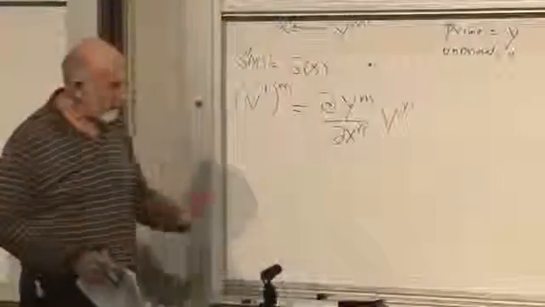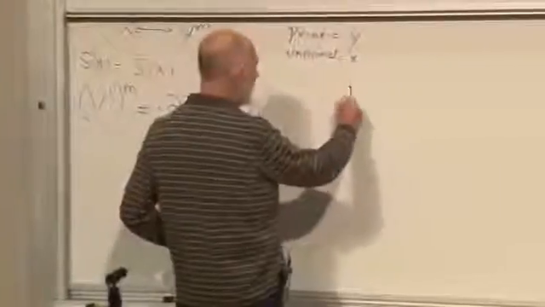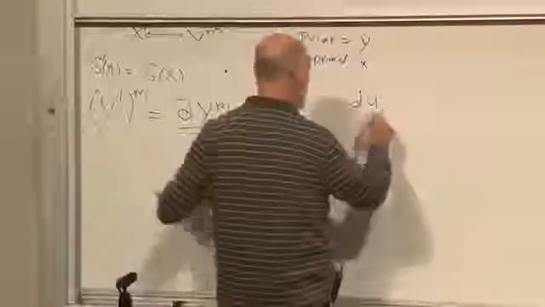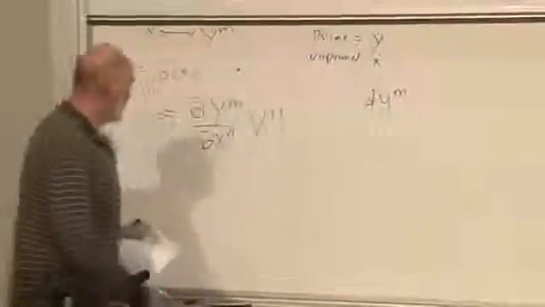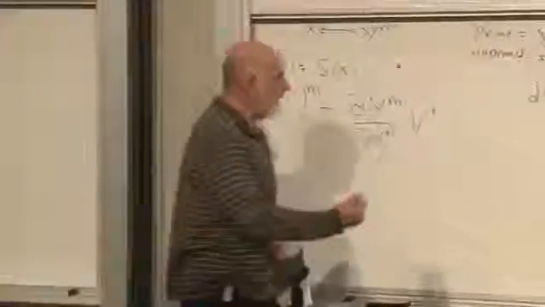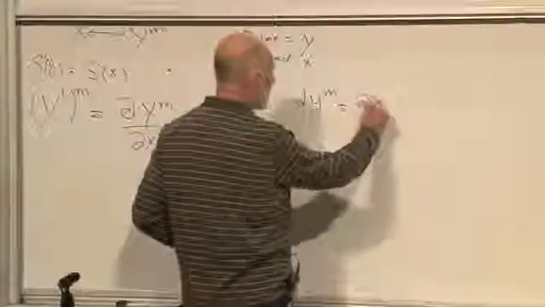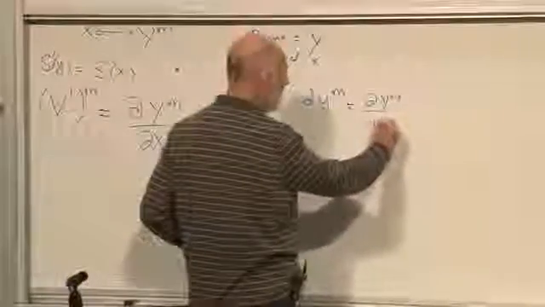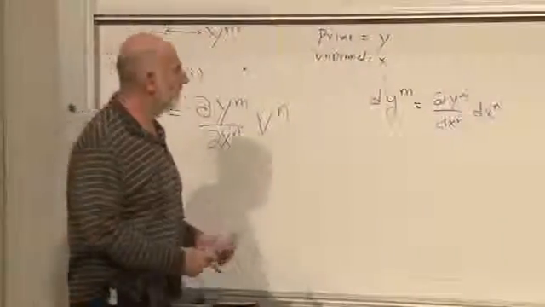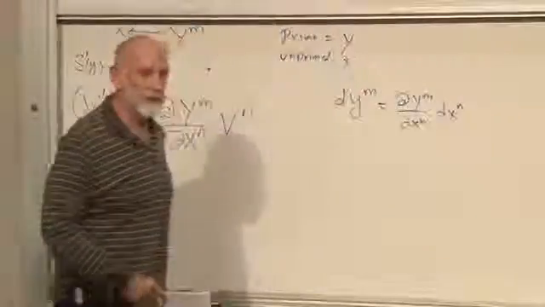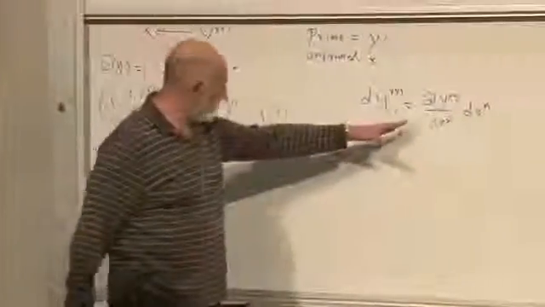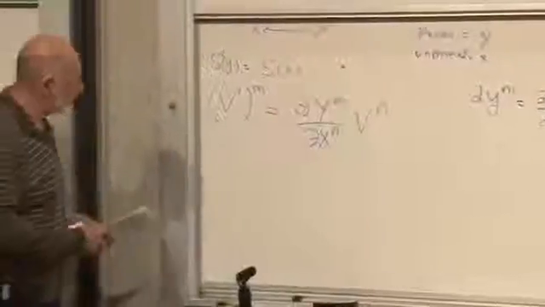An example is dy^m, the primed version of a little interval, which is obviously equal to dy^m/dx^n times dx^n. So this is the archetype of a contravariant vector component, and you can see that it in fact transforms in exactly this way.